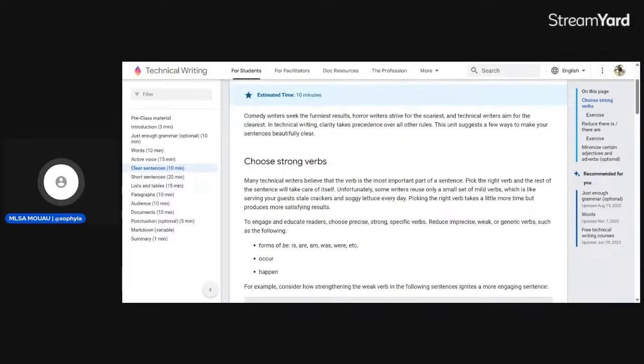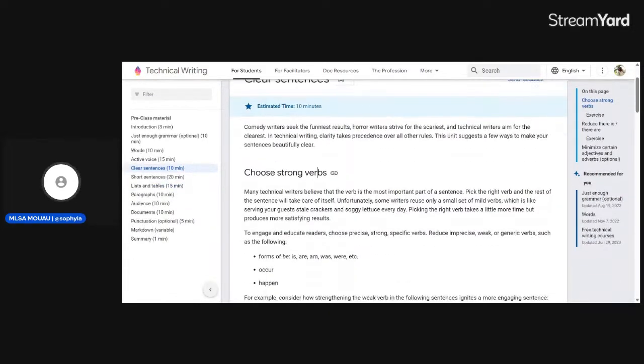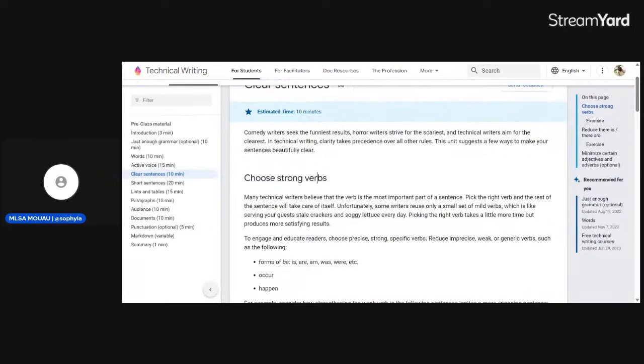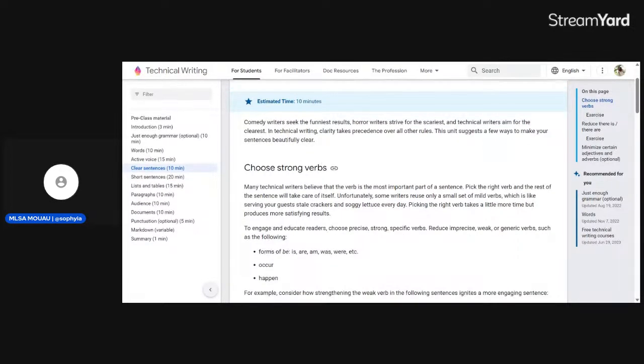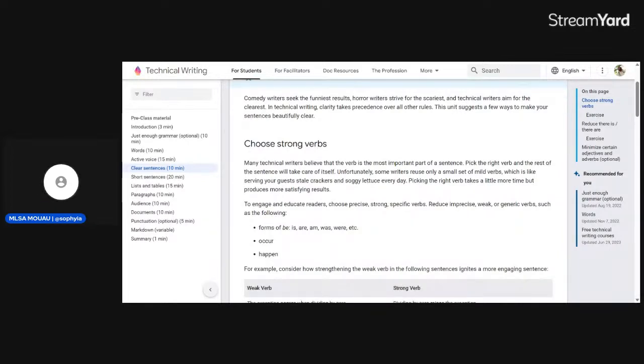So now, when writing clear sentences in your article, first of all you need to choose strong verbs. So yeah, it says that many technical writers believe that the verb is the most important part of a sentence.